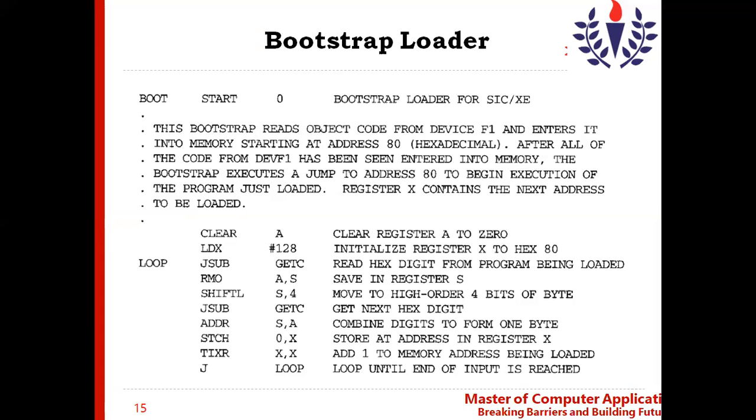From the accumulator, that character has to be stored in the S register. We have 9 registers in SIC/XE. The S register and the T register are the 2 registers used as general purpose, general working registers.